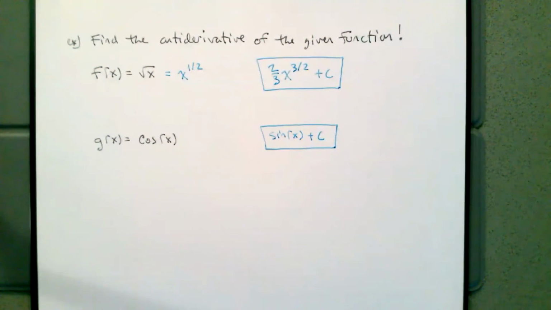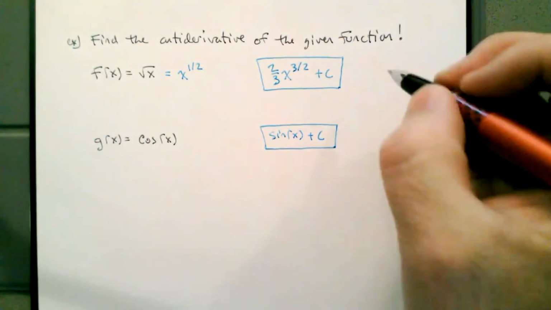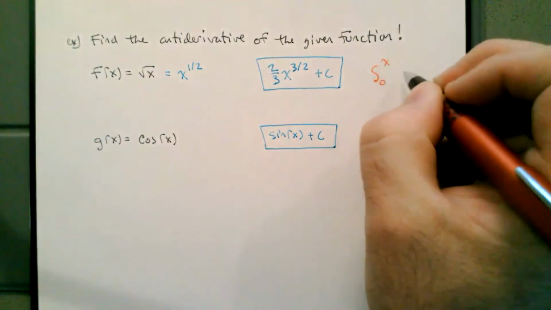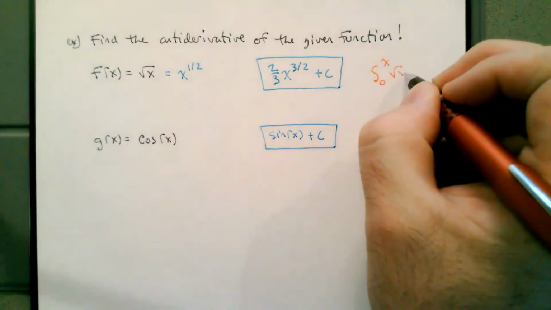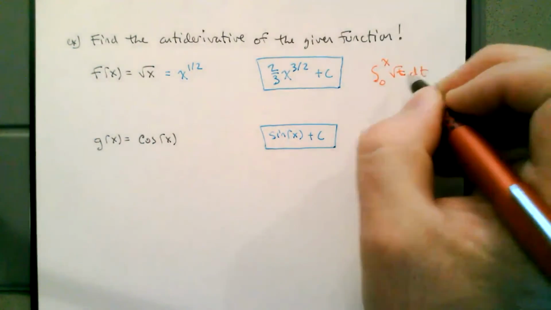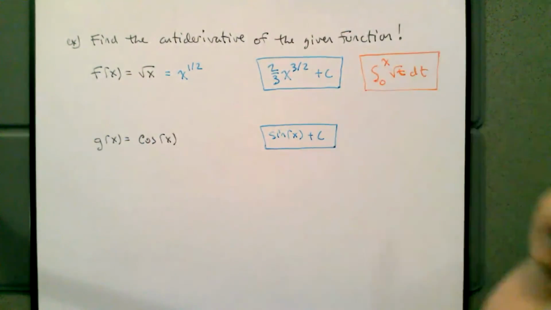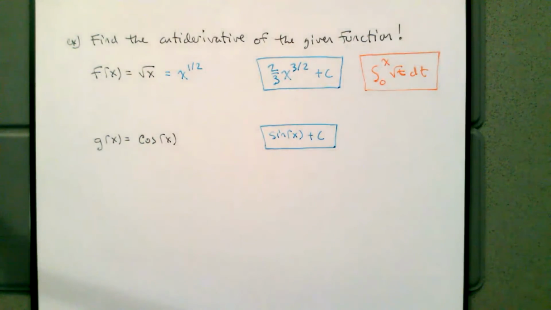But if you want to be sneaky, and it's like, ugh, I don't want to do this add one to the exponent and divide by the exponent business. If I just said write an antiderivative of the given function, and you wrote that, you'd be like, oh, technically that is an antiderivative.